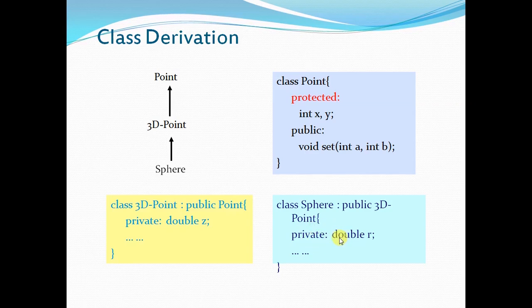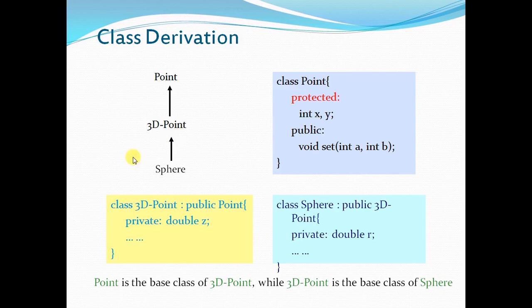And this class contains all the properties of the 3D Point class and the Point class, because it is a derived class of 3D Point, and 3D Point is a derived class of Point. So 3D Point class accesses all the properties of Point class, and Sphere class contains all the properties of 3D Point class. Point is the base class of 3D Point, while 3D Point is the base class of Sphere.